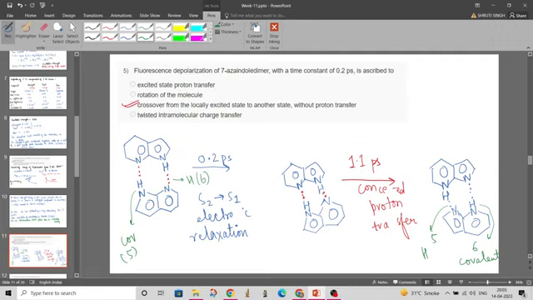So the depolarization of the ultrafast component, 0.2 picosecond, fluorescence depolarization occurring in the ultrafast time scale, was assigned to this crossover from the S2 to S1 state, which is happening in this ultrafast time scale, and not the proton transfer or the rotation.